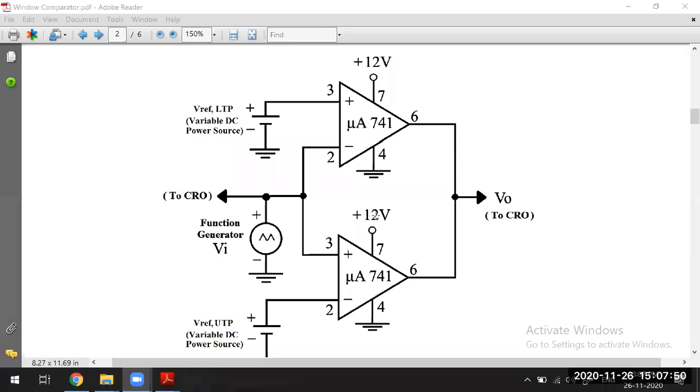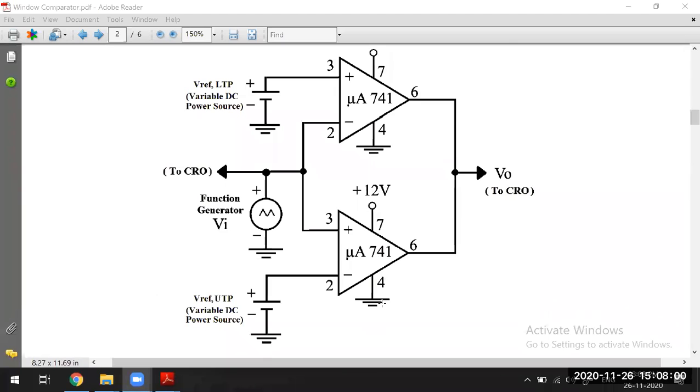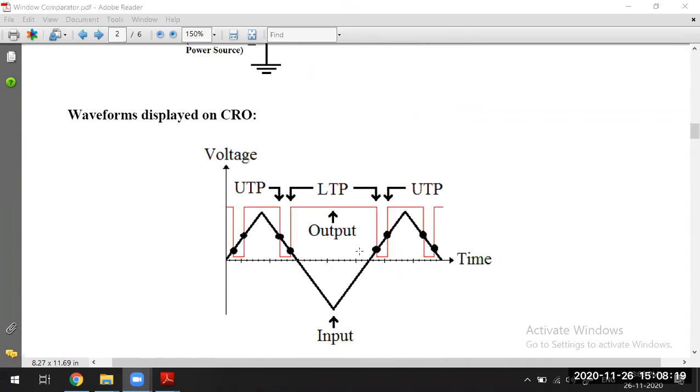That is the meaning of this plus 12 and minus 12: without this the op amp will not work. Usually we give minus 12 volts for the fourth pin, but here the saturation voltage range we have set is 0 to plus 12 volts. Usually in hardware we connect it to minus 12 to plus 12, and in that case the waveform will look like this, with the higher value here and the low value here.